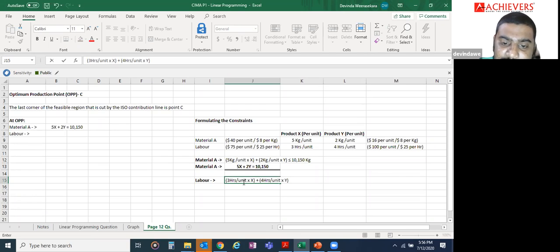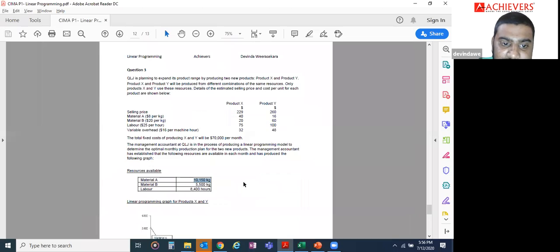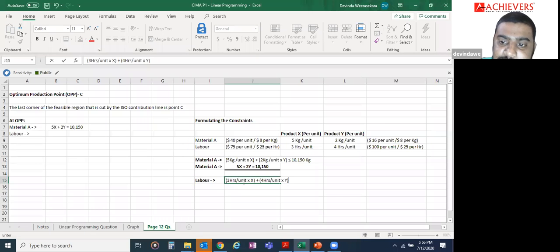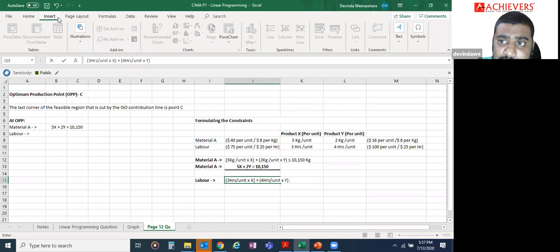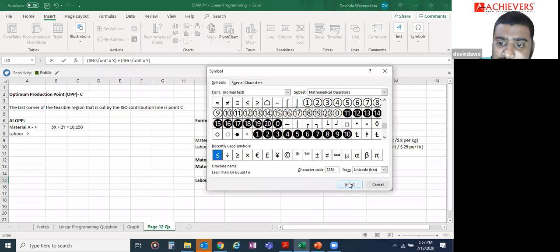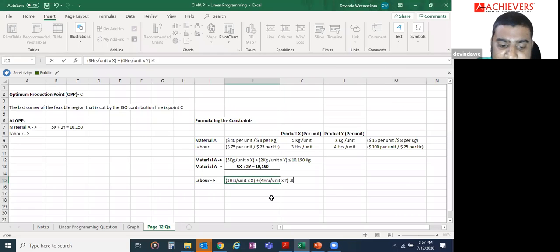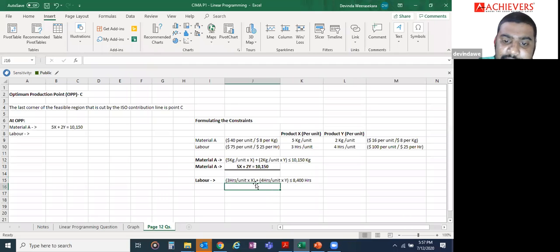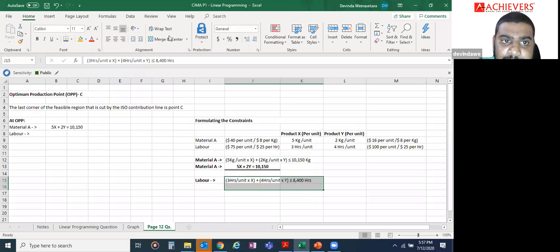So the total amount required for X plus total amount required for Y should be less than or equal to 8,400 hours, which is the maximum amount of labor hours available. Clear? Any questions? Clear? Any questions?